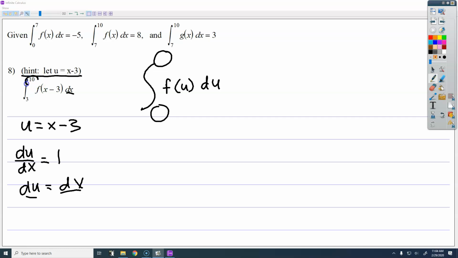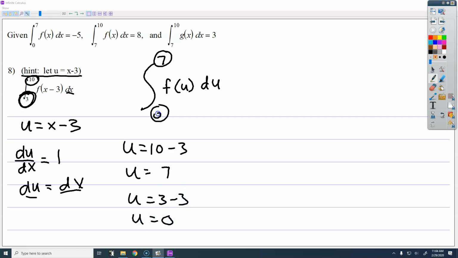So in this case, x is 10 and x is 3. When x is 10, u equals 7. And when x is 3, u equals 0. So if x is going from 3 to 10, that's the same thing as u going from 0 to 7.